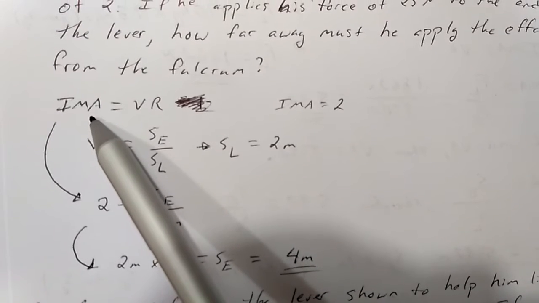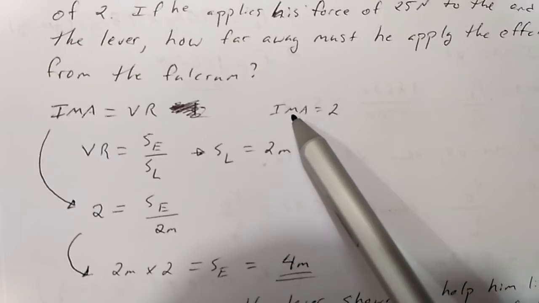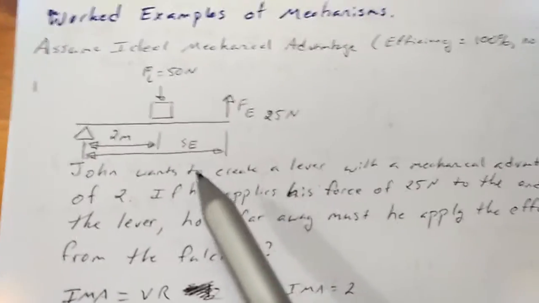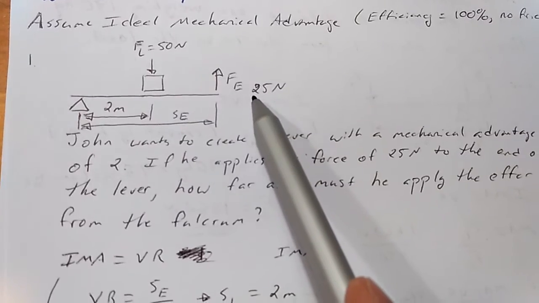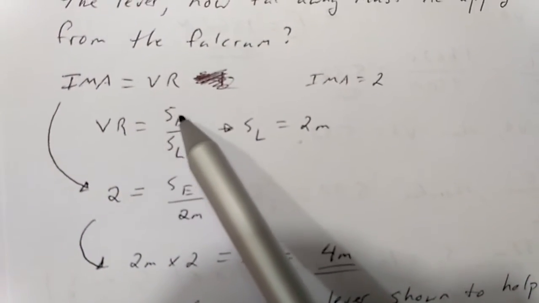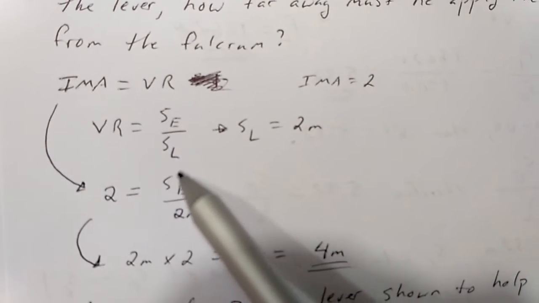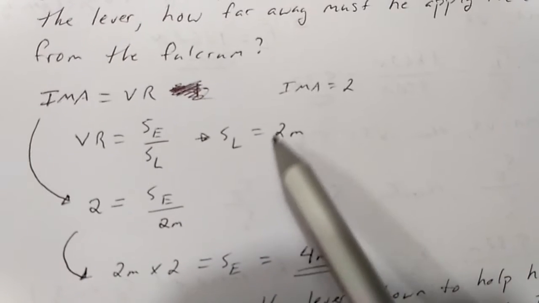Okay, so if we look down here, ideal mechanical advantage is equal to velocity ratio. We worked out that our ideal mechanical advantage is 2 because the force of the load is 50 newtons and the force of the effort is 25 newtons. So velocity ratio is equal to the distance of the effort over the distance of the load, which must be equal to 2 in the end.